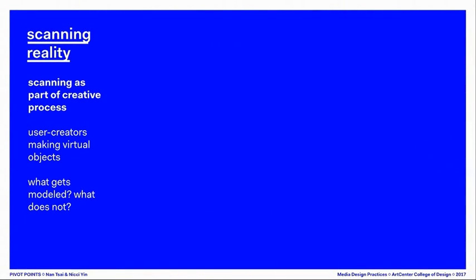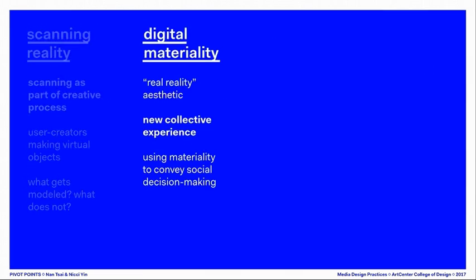And here are some further questions and discoveries that are left over from our process, including the topic of scanning reality. How can we actually incorporate scanning as an important part of the creative process? And also digital materiality. Could it be a way for designers to explore how we can convey collective experiences in mixed and virtual reality?